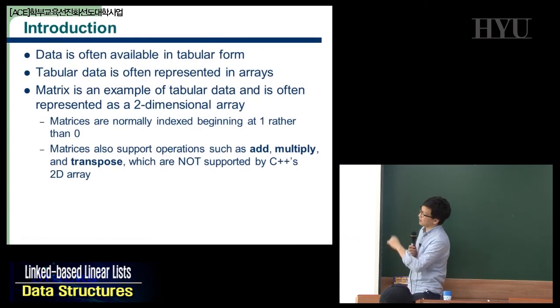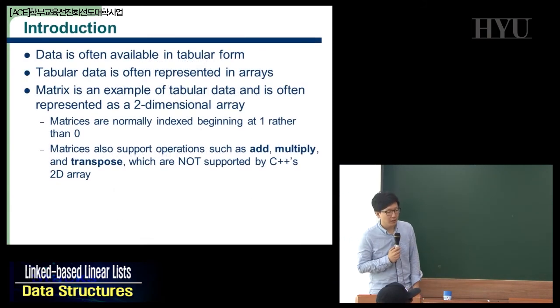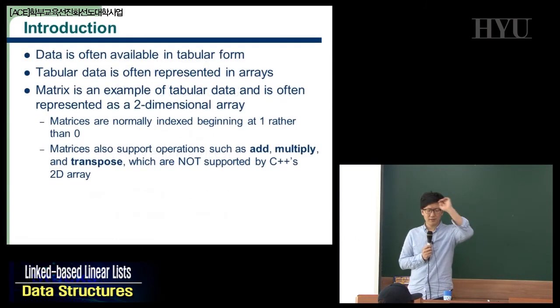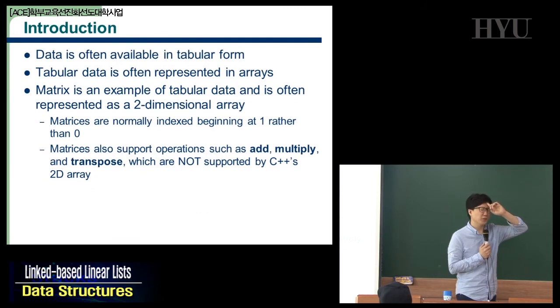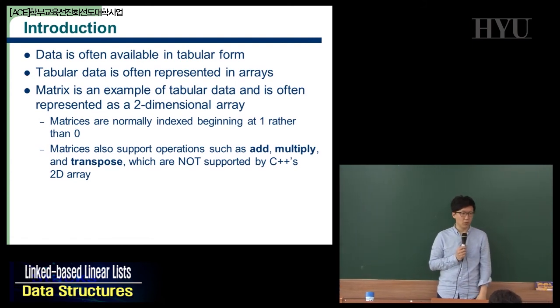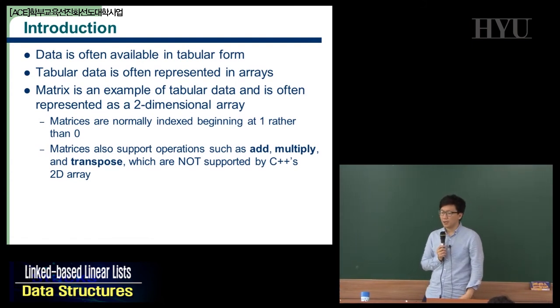So we briefly started looking at the slides on arrays and matrices. I think this is chapter 6. No, chapter 7. Somewhere in 7. So let me just go over the first few pages.